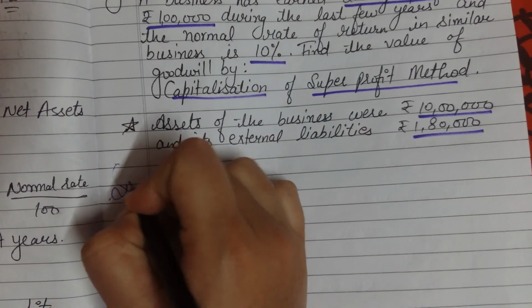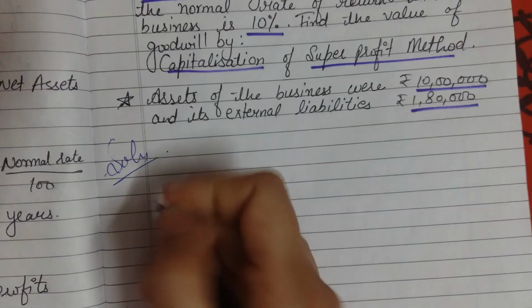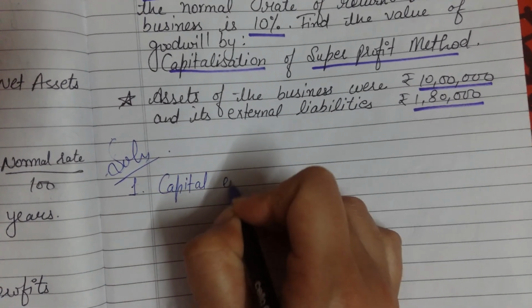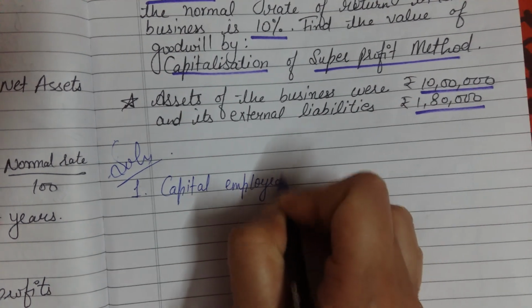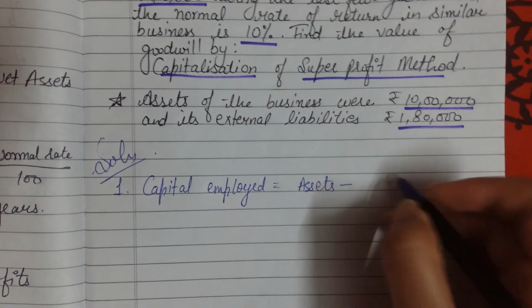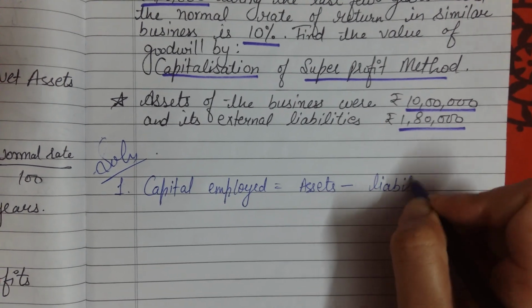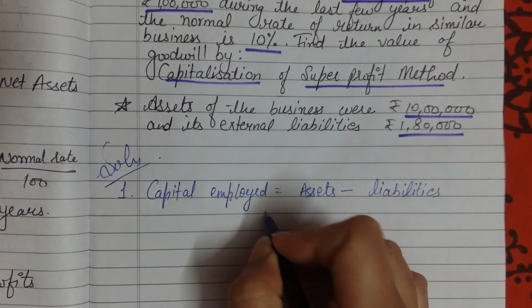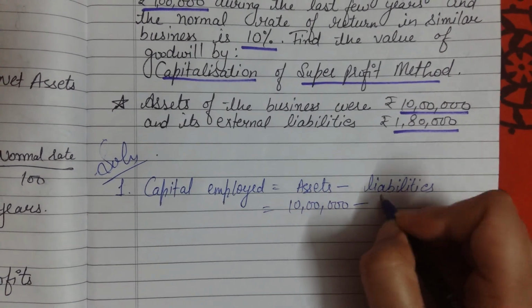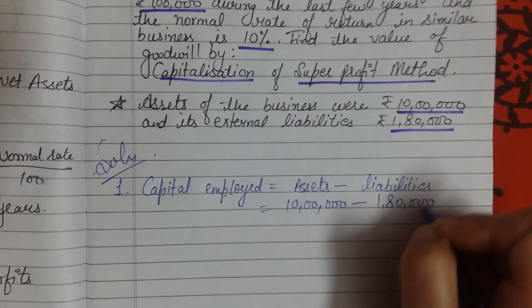So to calculate this question, the solution is, firstly you have to calculate the capital employed, and the formula of capital employed here is assets minus liabilities. Assets are 10 lakh and the liabilities are 1 lakh 80,000.